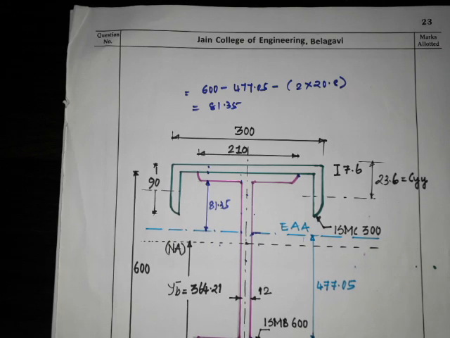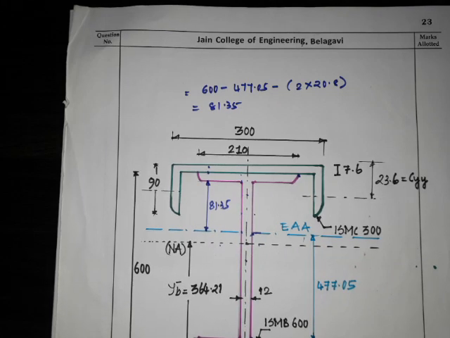Plastic section, compact section, semi-compact section, and slender section. According to IS 800-2007, the sections are classified as plastic, compact, semi-compact, and slender.